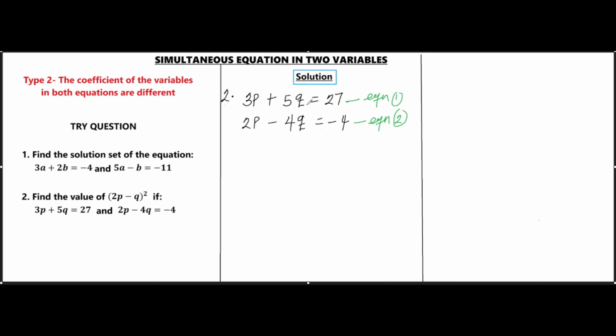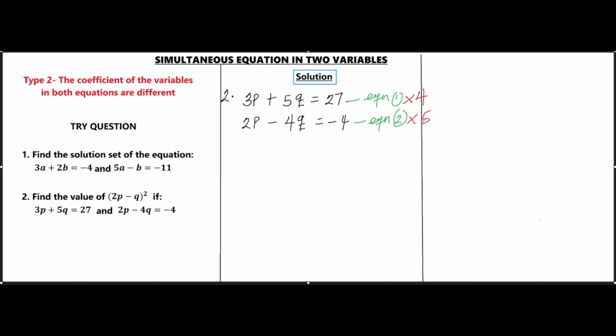So remember we said to do the elimination, we need to generate another set of equations by doing a cross multiplication. So equation 1, since I want to eliminate the variable q, I have to multiply equation 1 by 4. Forget about the negative, consider the number. So I'm going to multiply equation 1 by 4, and then equation 2 by 5.